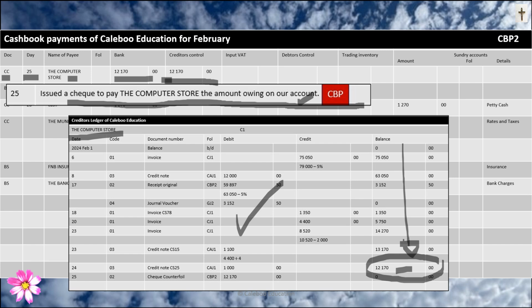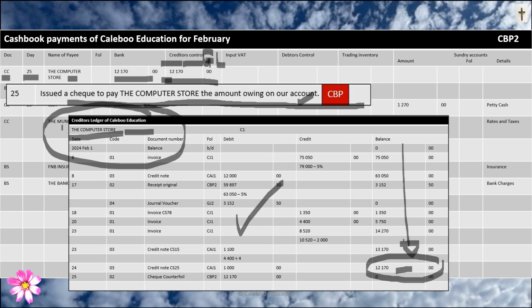Now this account here, while I'm on it, is a general ledger account, and the creditors control account is a summary of all the individual accounts in the creditors ledger. It's a control account. So if I wanted to know what I owe all my creditors, I go in the general ledger to the control account and I see what the balance is.